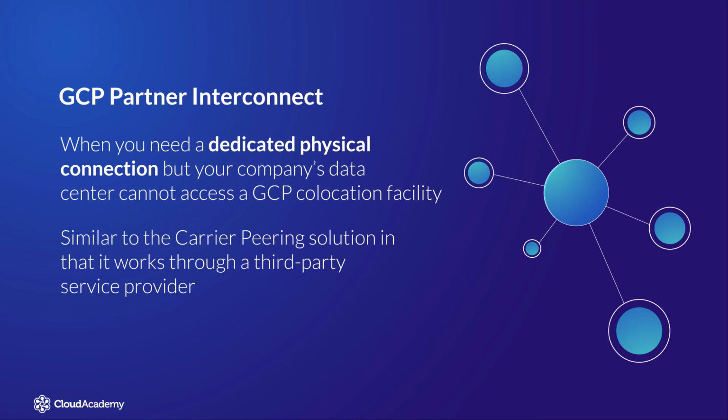So essentially, you select a service provider from a list of GCP partners. There's a link. We can show you some of the examples. And you use their direct connection to GCP. So you're relying on both GCP and another company's hardware, which may potentially create additional concerns around performance and security. However, it may still be your best option if you already have a trusted third-party ISP and you still need that dedicated physical connection to GCP.